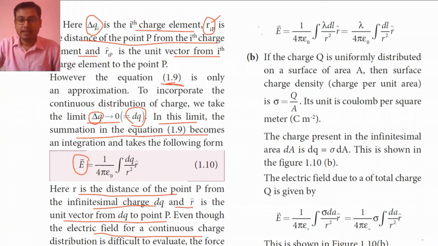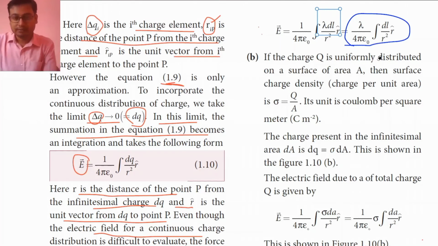Here we have 1 by 4 pi epsilon naught and lambda constant, so they will come out, and the electric field E is equal to lambda by 4 pi epsilon naught into integral dl by r square. By this equation we can find the total electric field because of the electric wire on which the charges are uniformly distributed, at a point P.